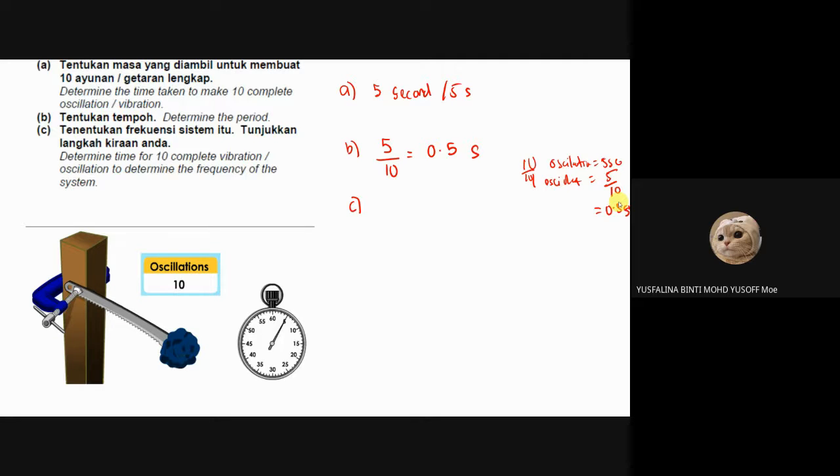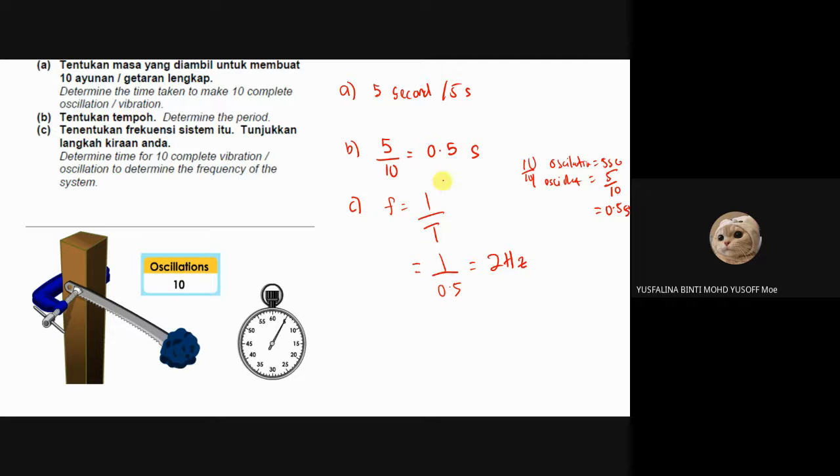For part C, frequency, what is the frequency? 2 hertz. For this one, you can use the formula f is 1 over T. So 1 over T means 1 over 0.5, so you will get 2 hertz.